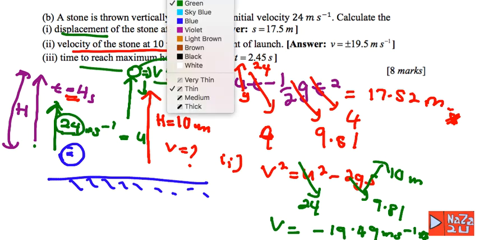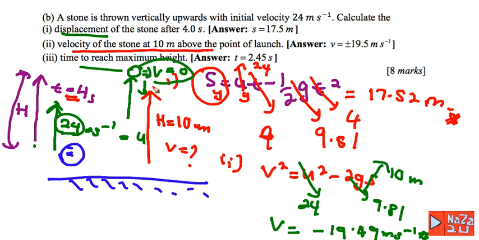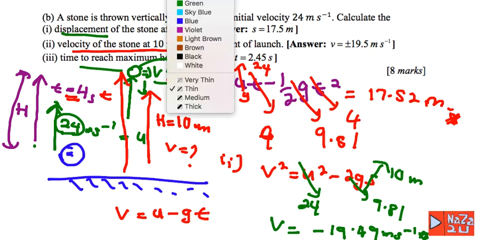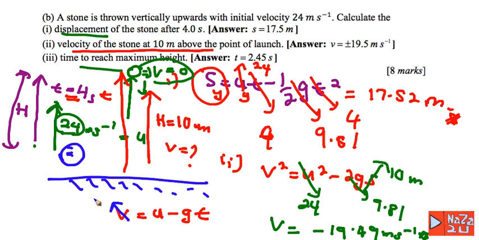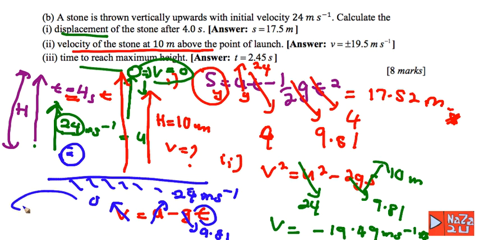To calculate the time to reach the maximum, from the ground to the maximum, you can use the equation v = u - gt. Why can you use this equation? Because we have v, the final velocity, equal to 0, the initial velocity of the object is 24 meters per second, and g is the constant 9.81. So you can find the value of t using the calculator, which is 2.45 seconds, and the unit is seconds, right?